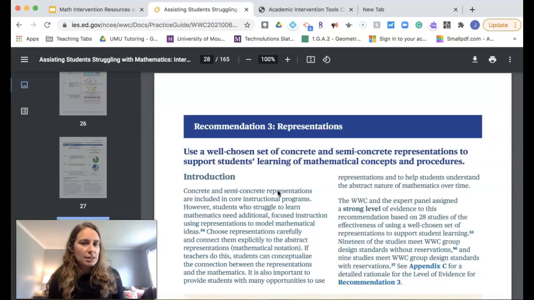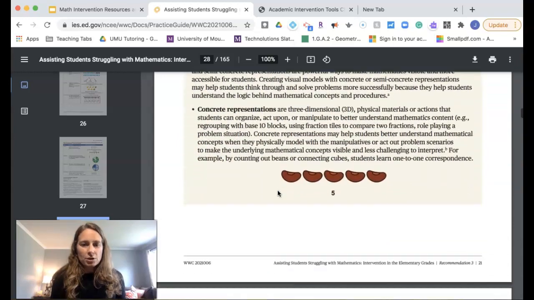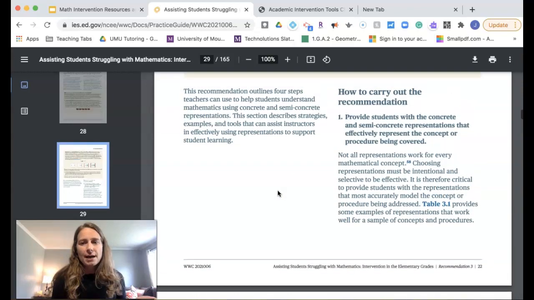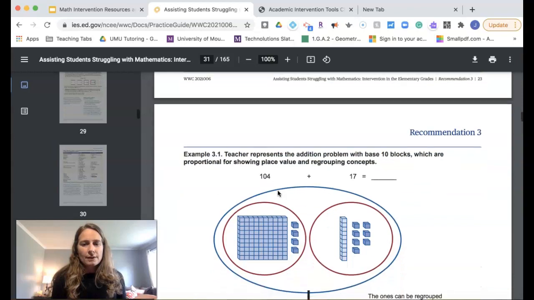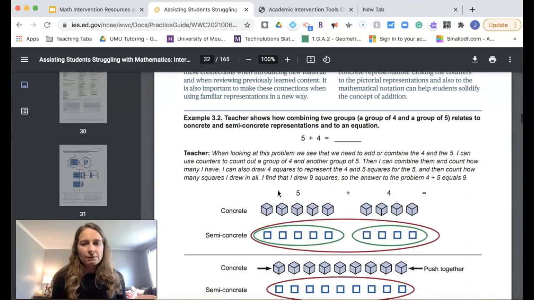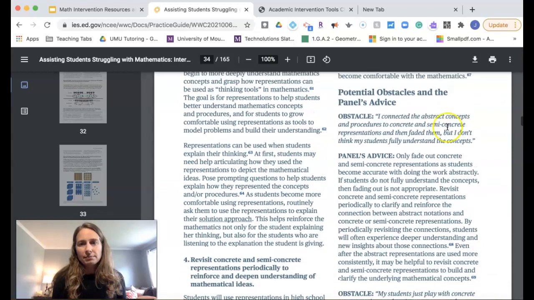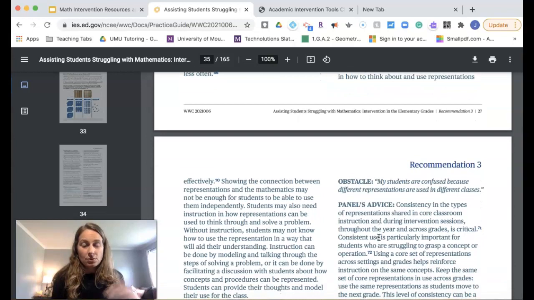So this is recommendation 3, that we should use representations. And it walks you through what a representation would look like. It talks to you about how to carry out this recommendation. And then if you scroll down a little bit further, they always tell you obstacles and advice that can be used to overcome obstacles.